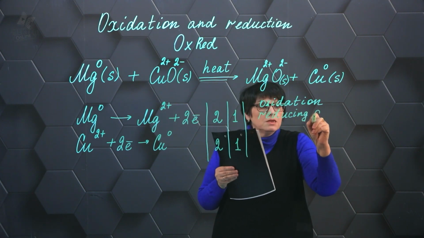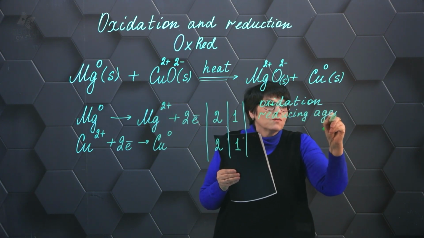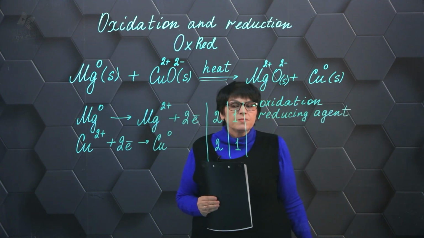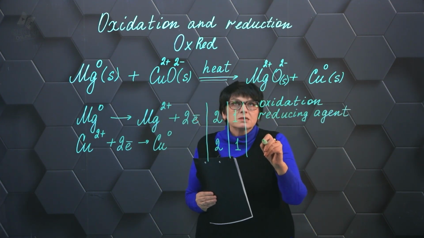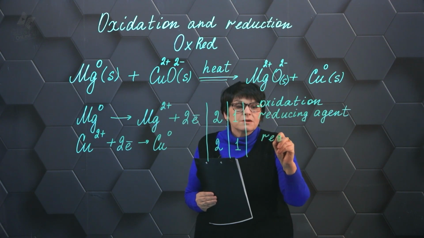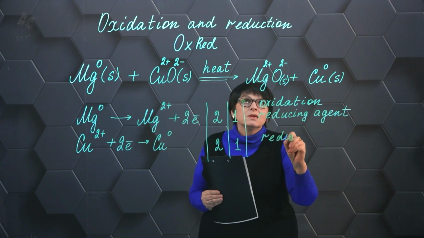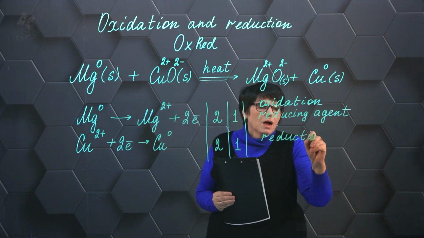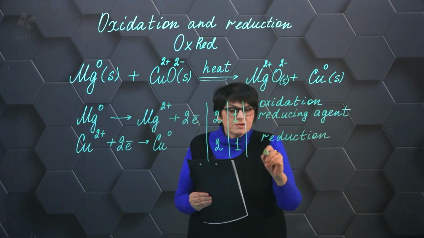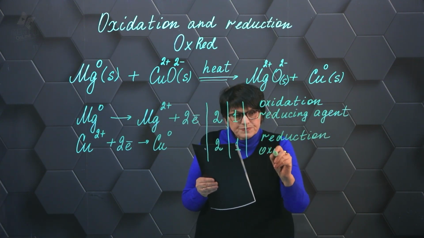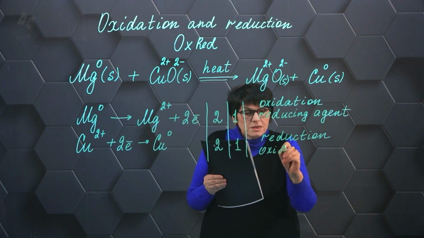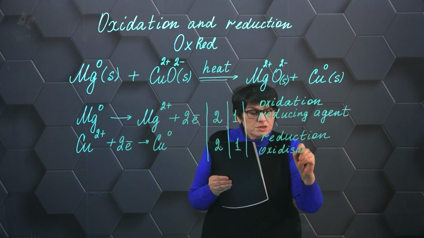Now what will copper be at this time? For copper, this process is called reduction. And what is the name of the copper in this case? This element will be called the oxidizer. And the entry in this case is made like this.